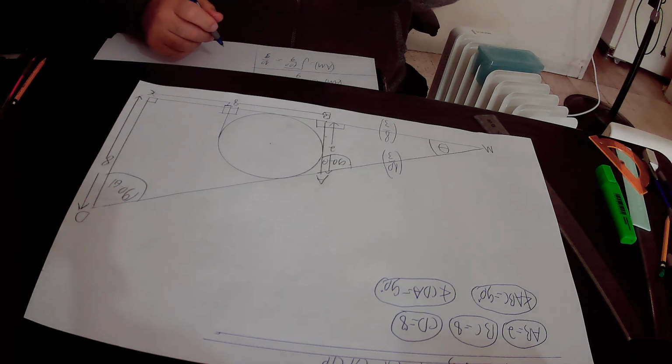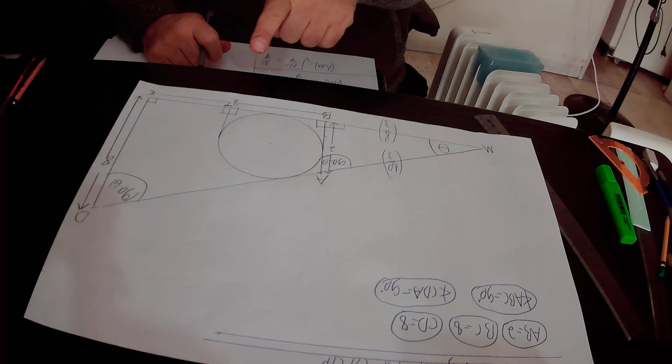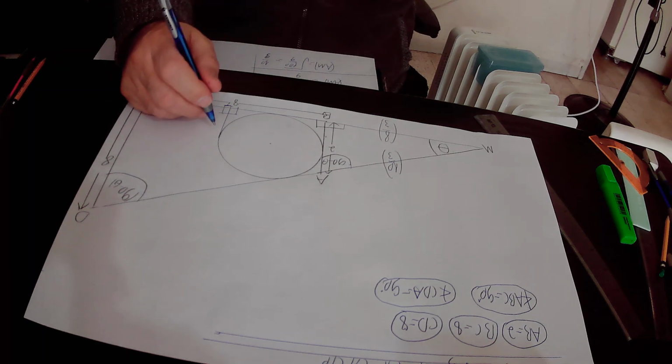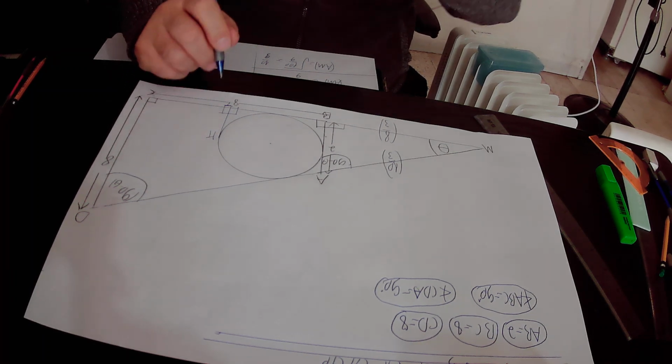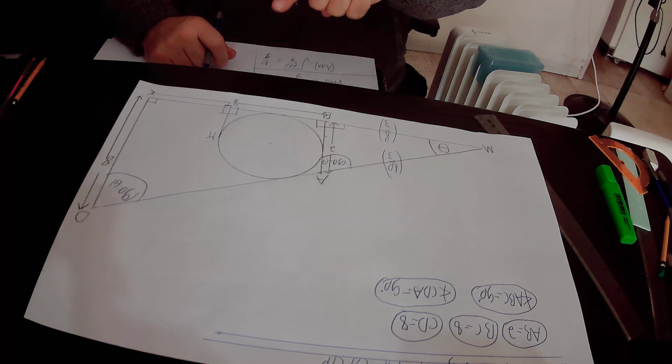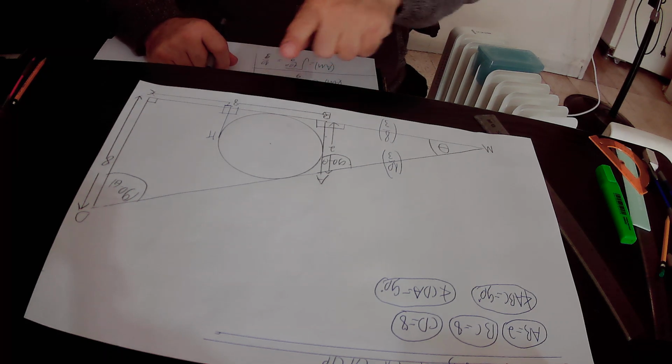We will define the point of tendency of the perpendicular with the circle as K. In the next step, we will extend the perpendicular TK until it touches side AD.